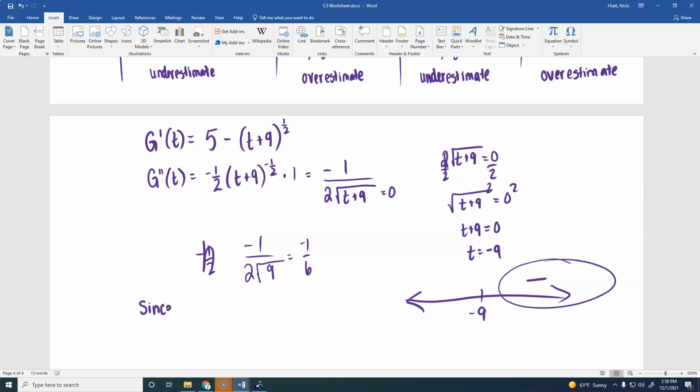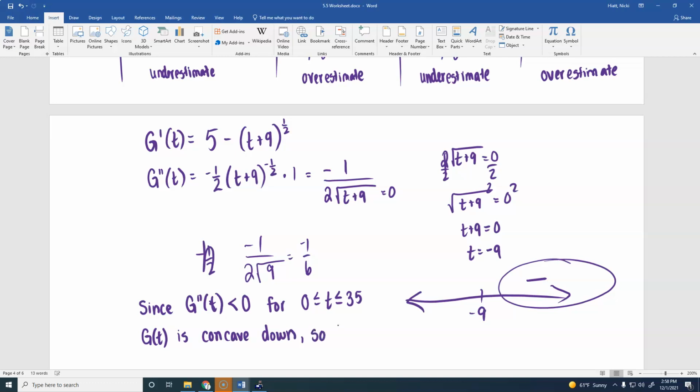So we would say since g double prime of t is less than 0 for the entire interval that we're looking at from 0 to 35, we would say G is concave down.